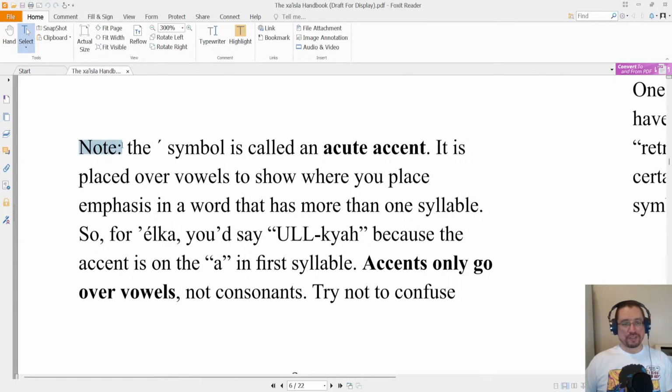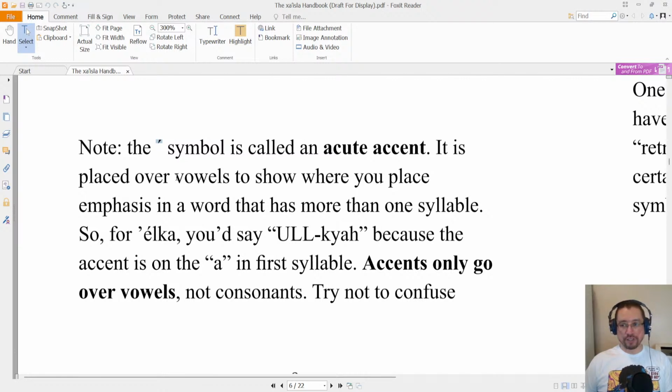Here's a note down at the bottom of the page. You see this symbol, which is like a slanted dash. And this is called an acute accent. It is placed over vowels. That's very important. It's only on top of vowels. You'll never see this symbol on top of a consonant.